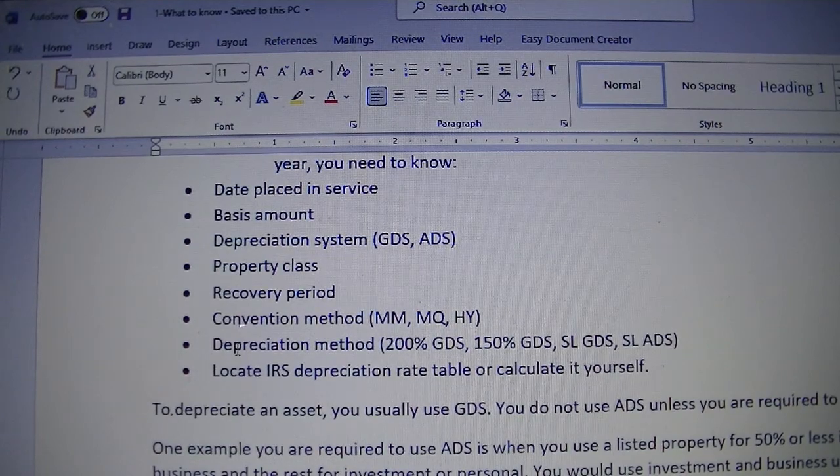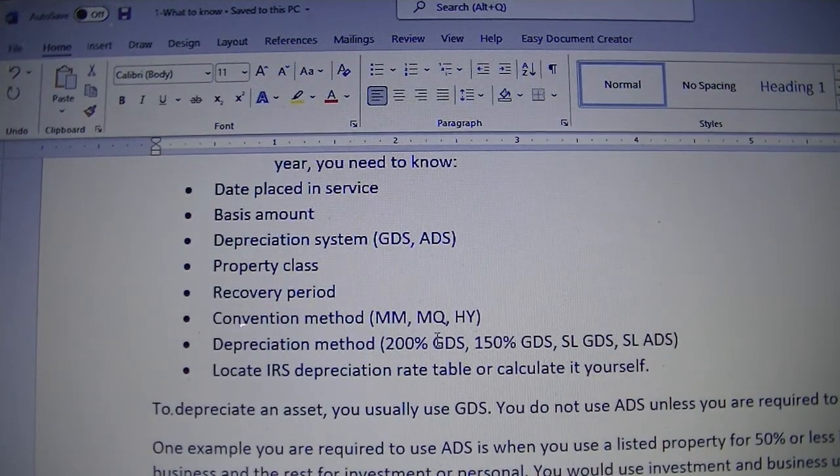So depreciation method, once you figure out the conversion method, you will choose the depreciation method. You have the option between 200% GDS, 150% GDS, straight line SL GDS, and then straight line ADS.